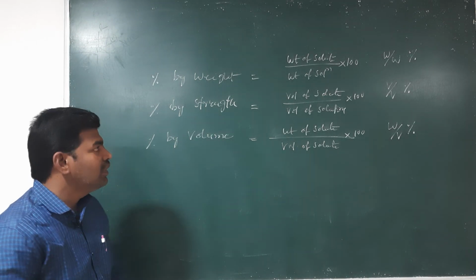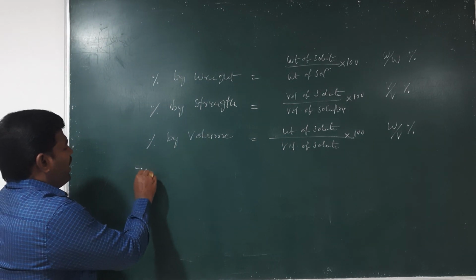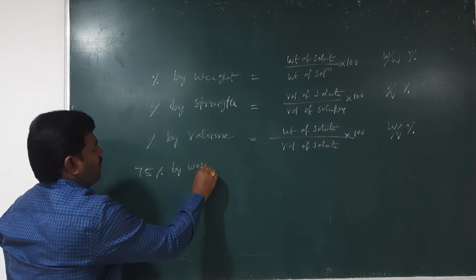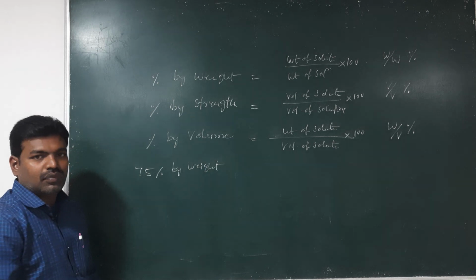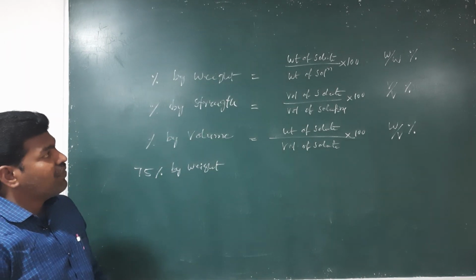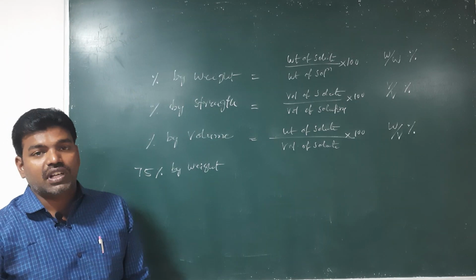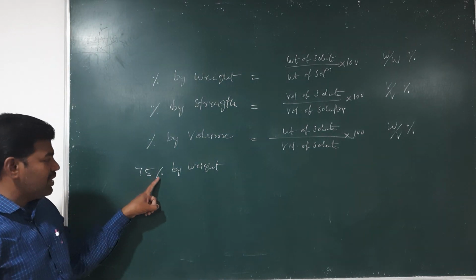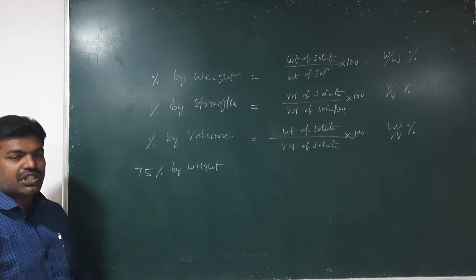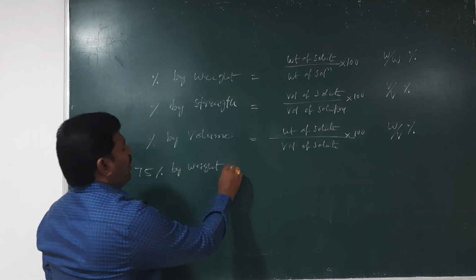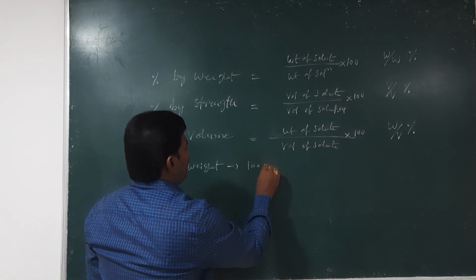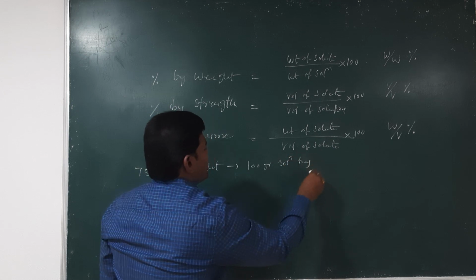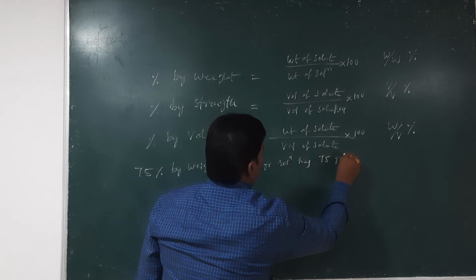For example, a 75% by weight solution is there. How much amount of solute is there? 75% by weight of solution means 100 grams of solution has 75 grams of solute.